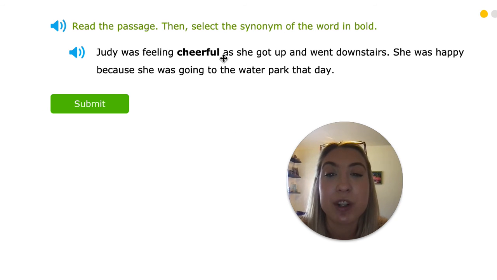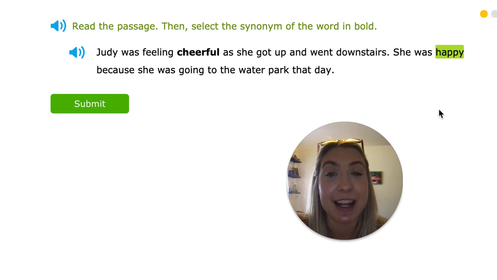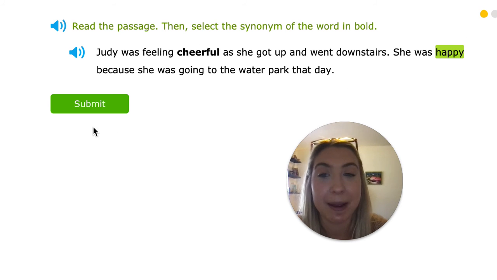It's something she was feeling as she got up and went downstairs, so it's a feeling. In the second sentence, she was happy because she was going to the water park that day. What would be a feeling that would resemble cheerful? Right here it says she was happy, and that's a feeling. So happy and cheerful are the 2 synonyms that mean the same thing.